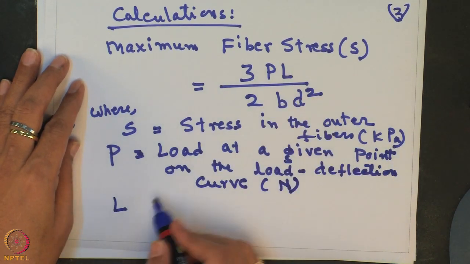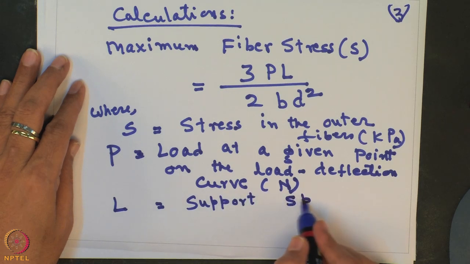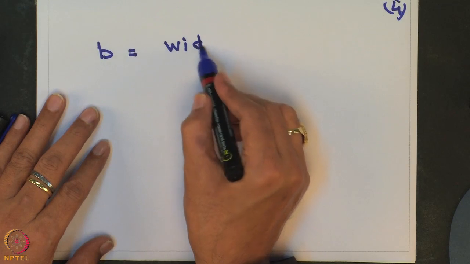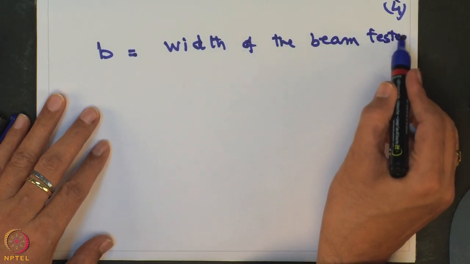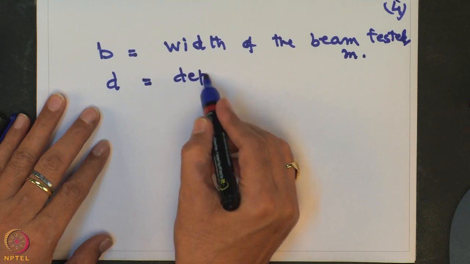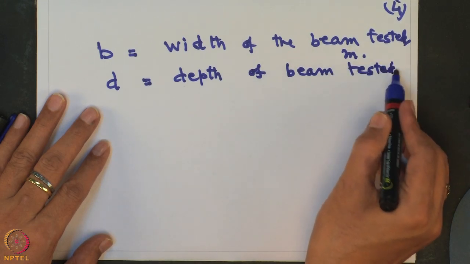And L is the support span, and B is the width of the beam tested, that is in meter, and D is the depth of the beam tested, that is in meter.